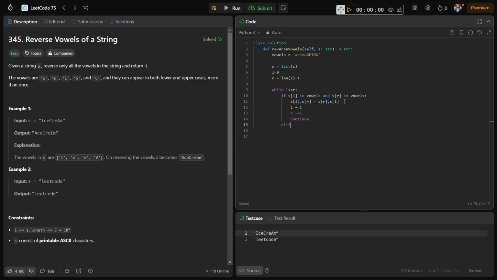If S of R is not in vowel, R minus 1 and continue.